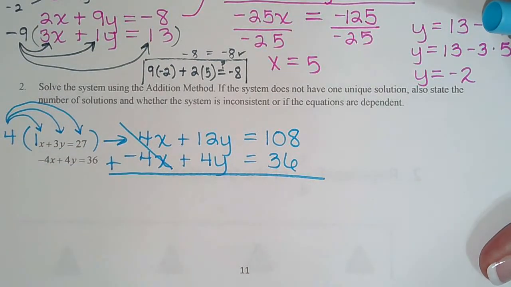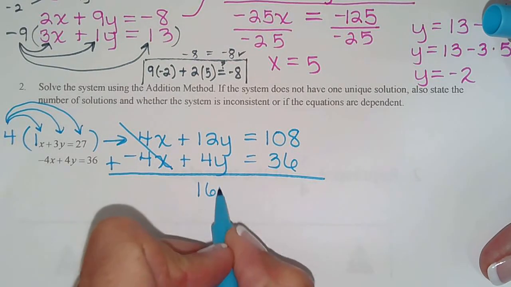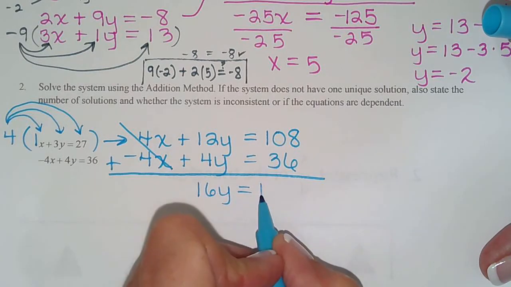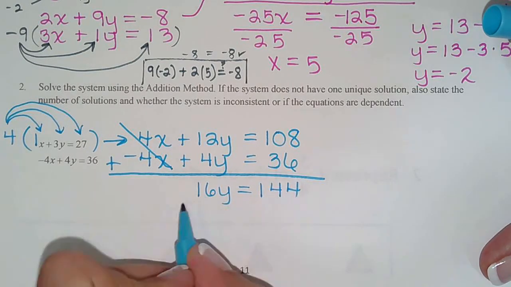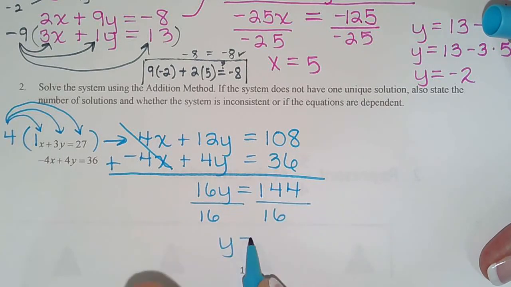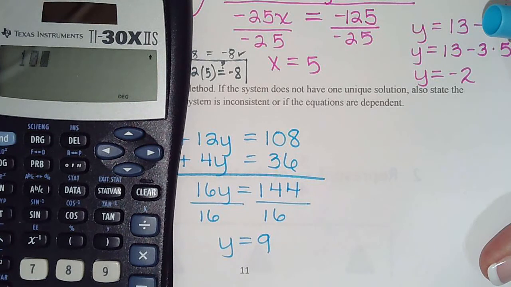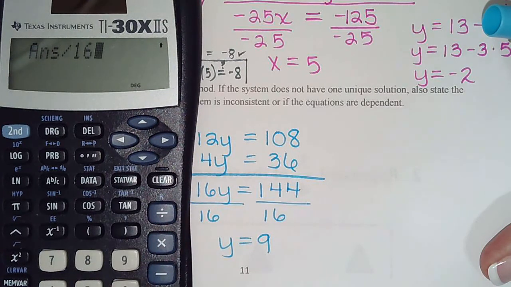Gone. No x. Don't write x. That means 1x. Don't write anything. They have eliminated. 12 plus 4, 16y. 108 plus 36, 144. Divide by 16, divide by 16. I think that's 9, but let's verify. 108 plus 36 is 144. Divided by 16 is 9.